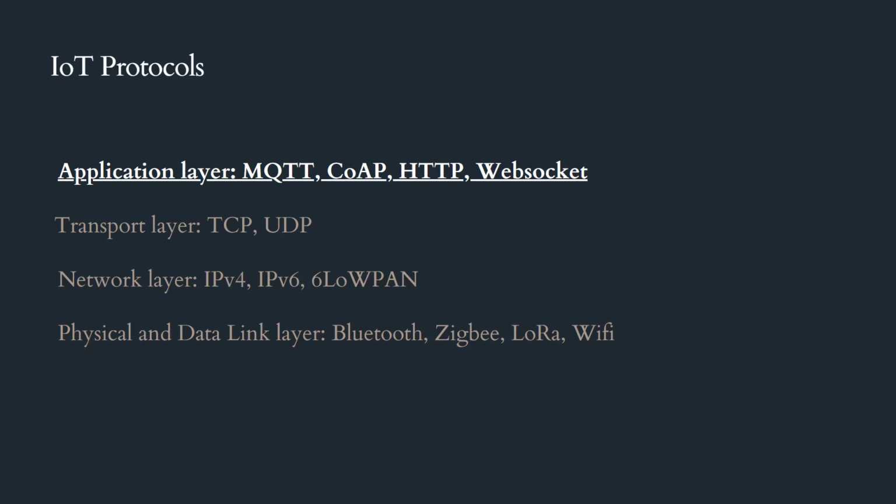Therefore, we need to use a set of predefined standards for our IoT network, so that every person who is implementing an IoT network will follow the same procedure under a certain protocol.